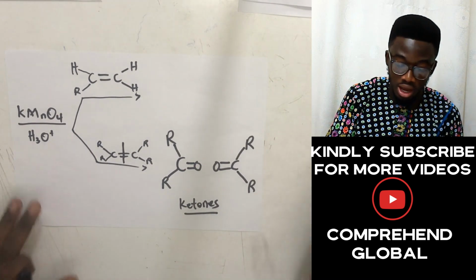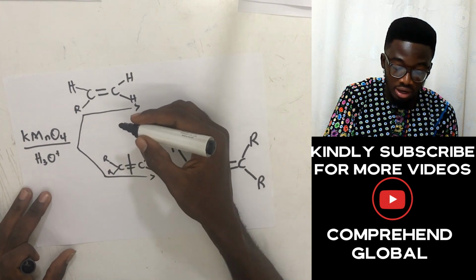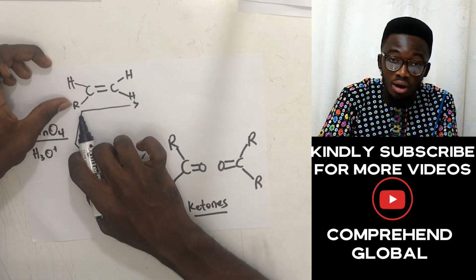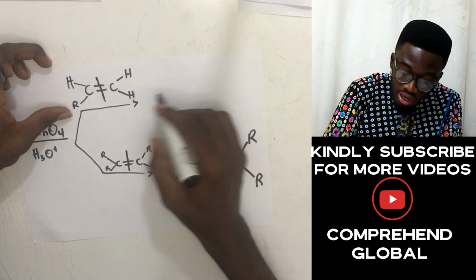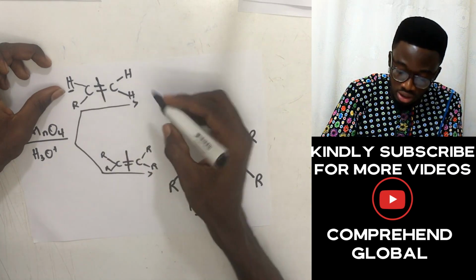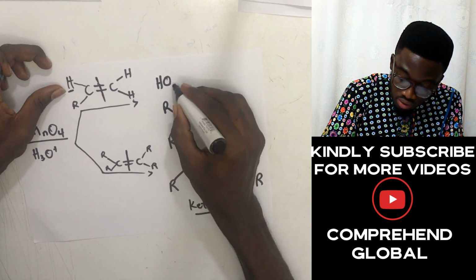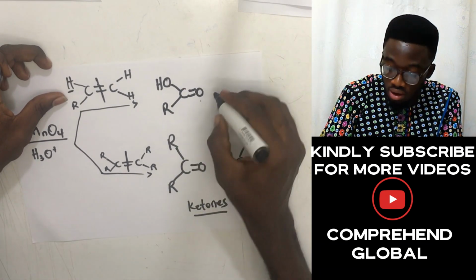Now, apart from this, when it's a terminal alkene that is not di-substituted, you see here it's not di-substituted, one is H and then one is R. It also breaks it just as it does to this one. Then it changes the H to OH, so it adds O to the H like this, and at the same time fixes the O here.